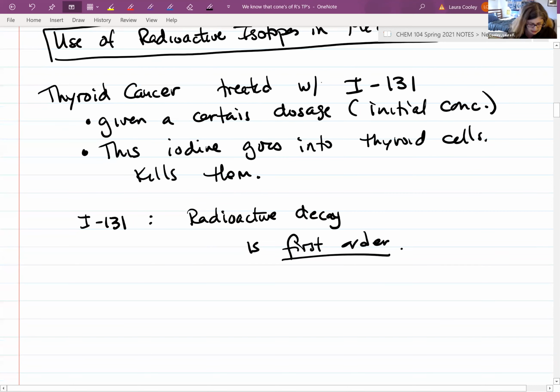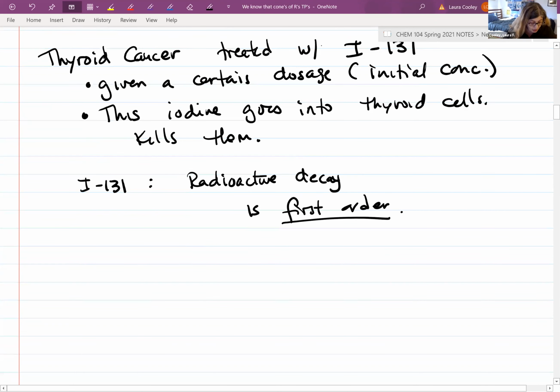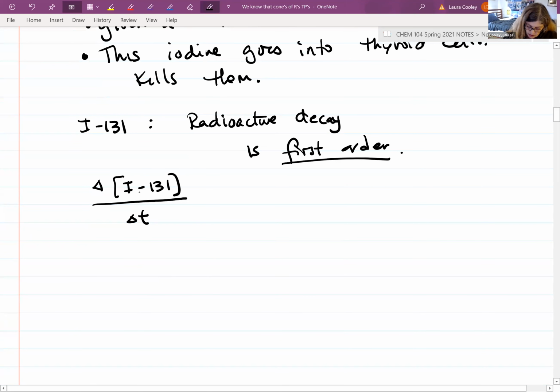So what that means, given what we know now about rate laws, is that the change in the concentration of the iodine-131 over the change in time, and because this is a reactant, because iodine-131 goes to products by a radioactive process, not a chemical process, but it's the same.